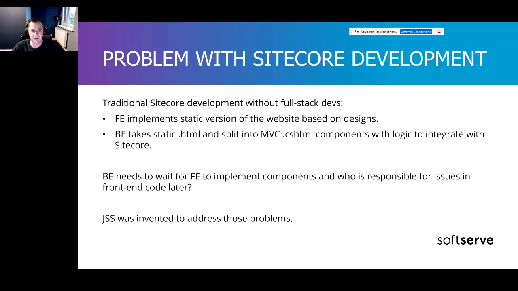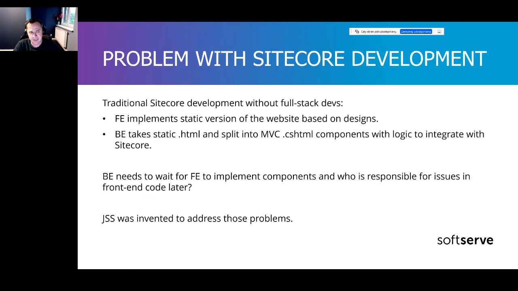And what are the problems with traditional Sitecore development? Without full stack developers, there is usually this flow: first the front-end team implements a static version of the website based on some mockups or designs.